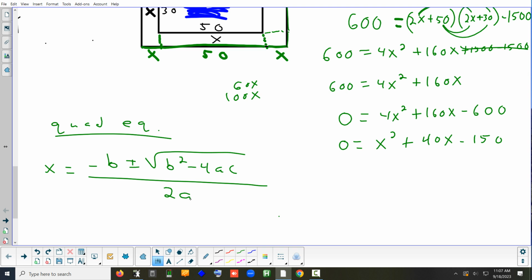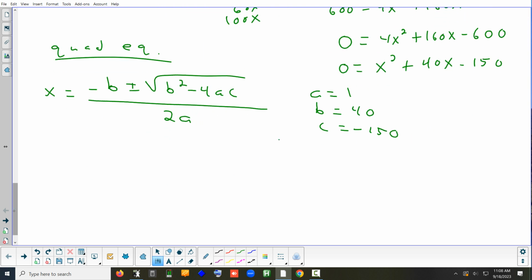Now, you mentioned 3 letters, a, b, and c. Can you tell me in our formula, what's a, b, and c? a would be 1, right next to x squared is the coefficient. Yep. The b coefficient would be 40. And then the c coefficient would be negative 150. Perfect. Good job.